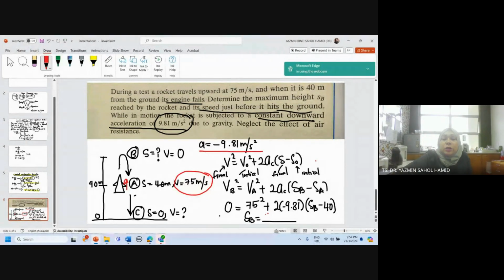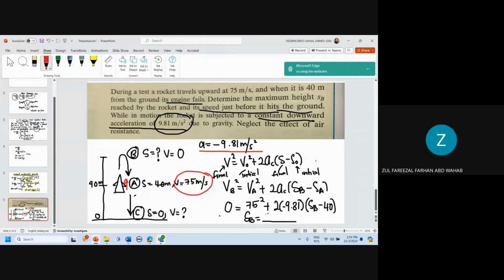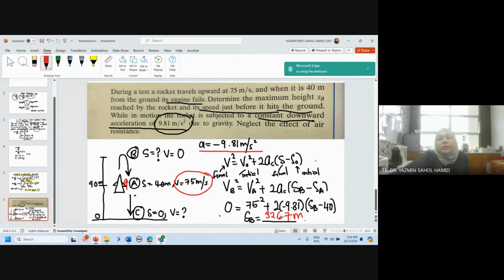Tolong tekan betul-betul. Can you please type in the correct value? What is the value for SB? 326.7. What is the unit? Meter. Yes, that is correct. Okay, so that is the answer.